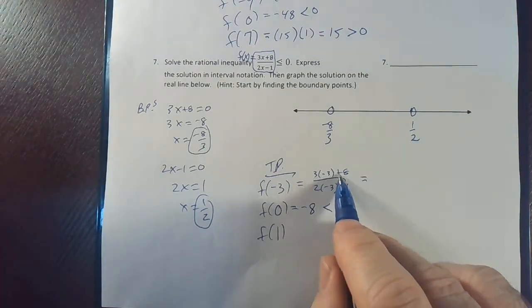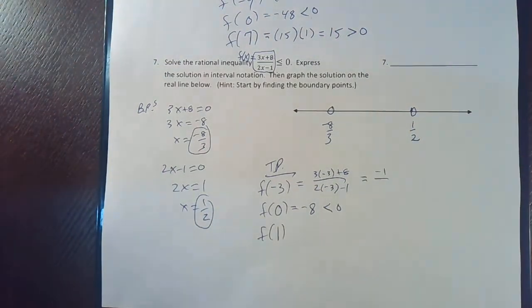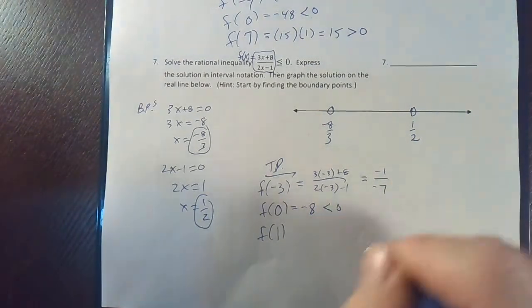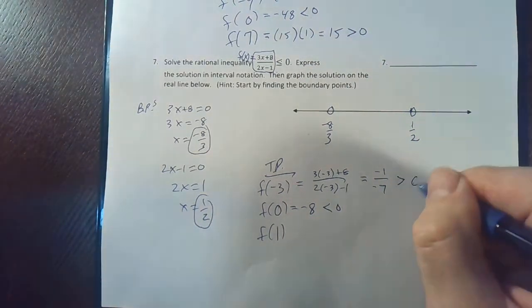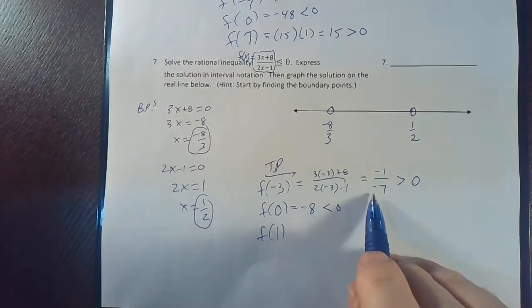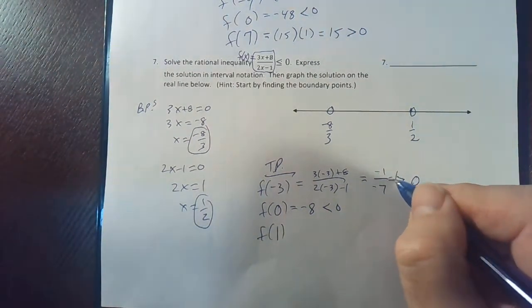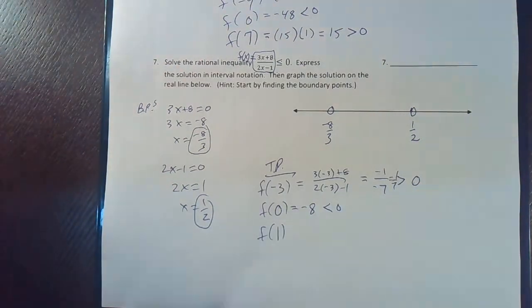That looks like negative 9 plus 8, which is negative 1. The denominator looks like negative 6 minus 1, which is negative 7. That's positive, right? Negative over negative is positive, so that's positive 1/7. Maybe I'll squeeze that in there. 1/7 is bigger than 0.